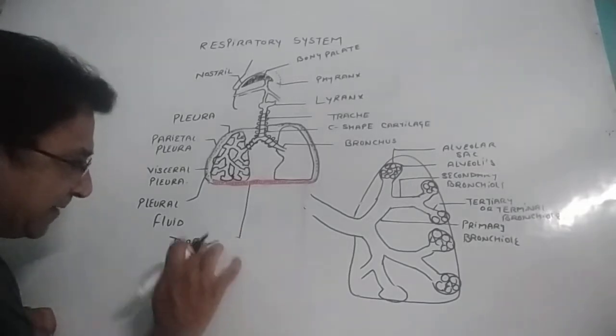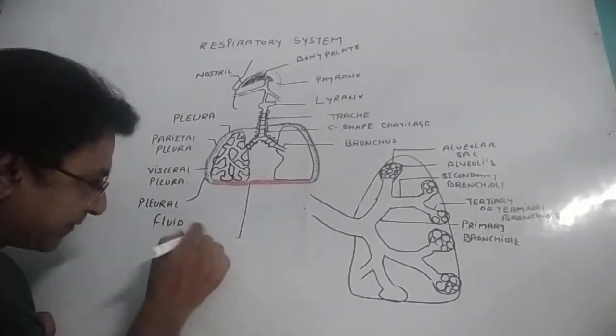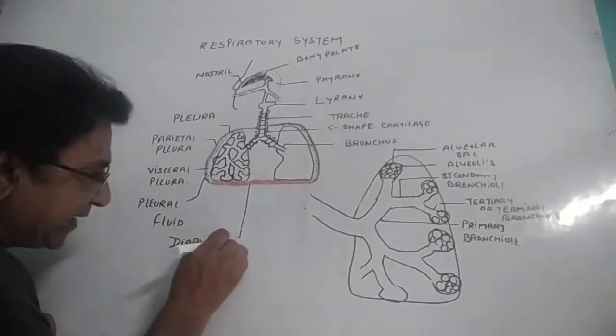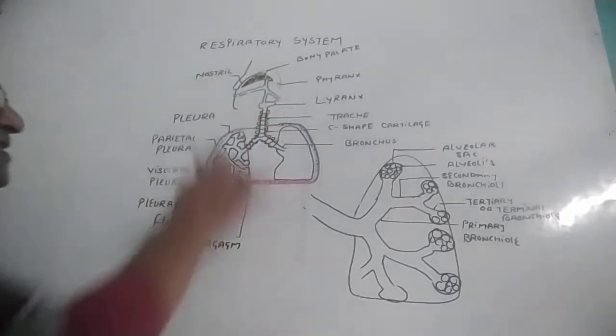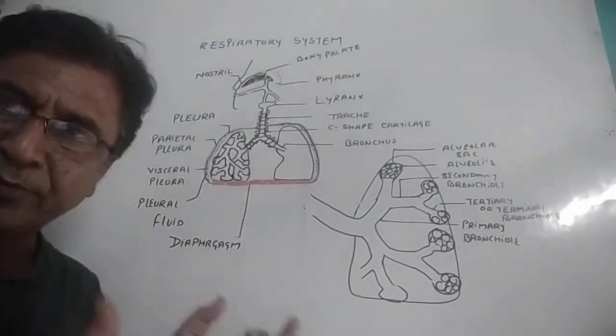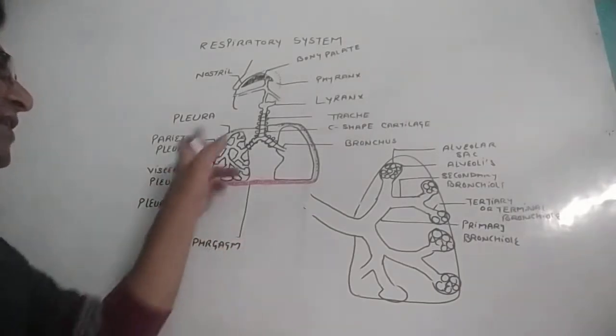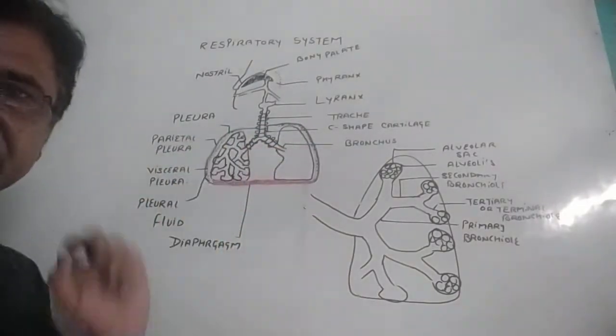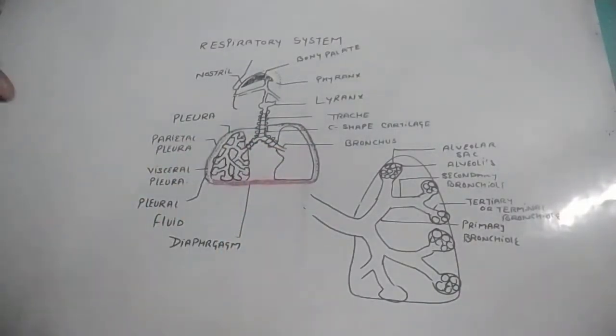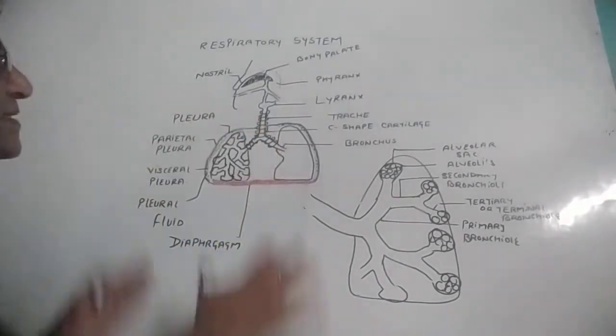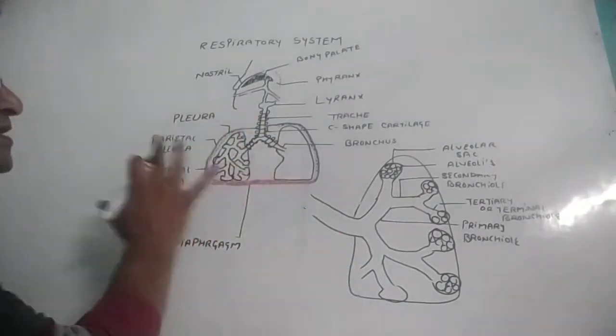Remember that the diaphragm separates the thoracic cavity from the abdominal cavity. So the lungs are present in the chest cavity or thoracic cavity. Remember that. So these are the basic parts of the respiratory system.